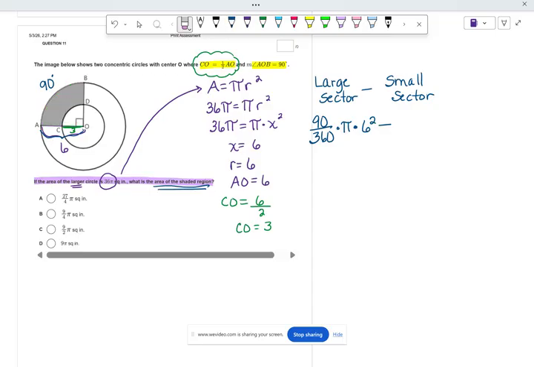Now we have to do the small sector. The small sector would be this little slice here in the middle, the smaller piece.